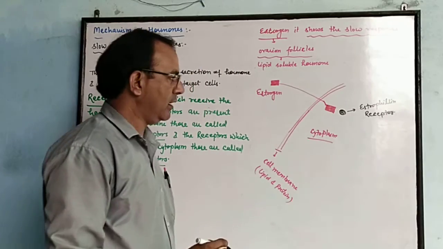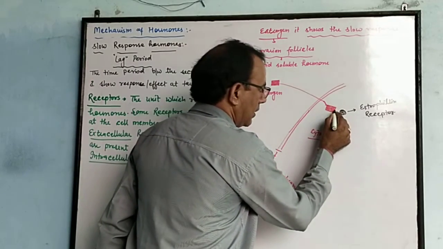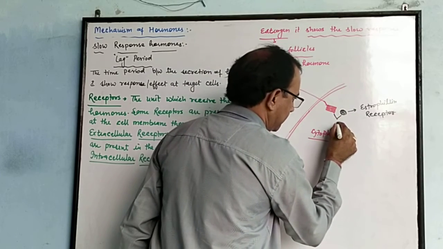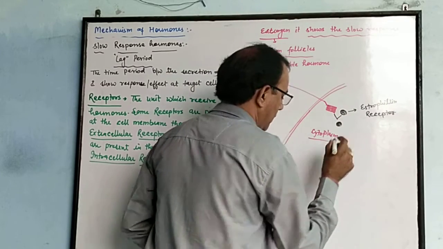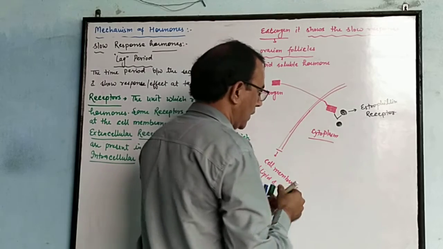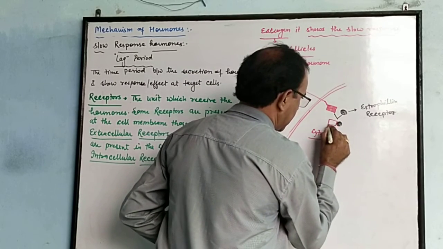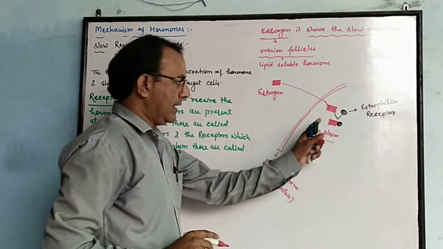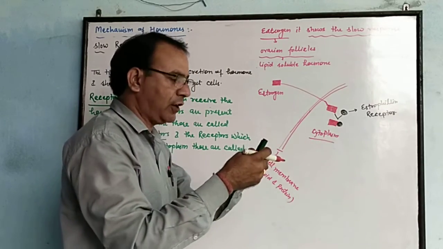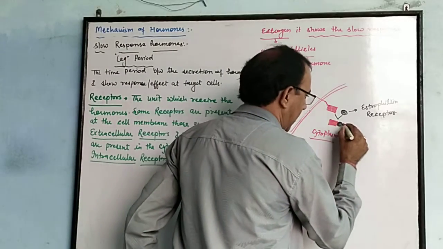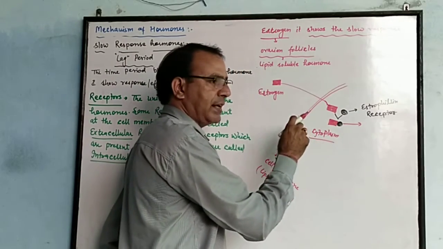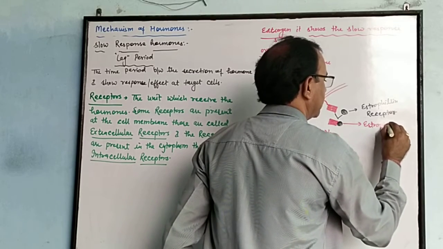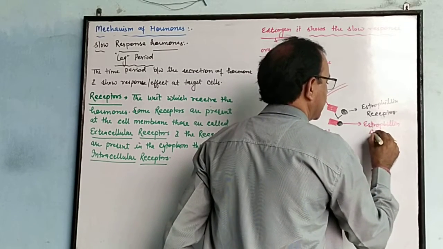As this receptor is trapped with estrogen, it forms a complex. This is the receptor, and this one is estrogen. Estrogen and receptor are held together with each other. This is called the estrophilin complex.